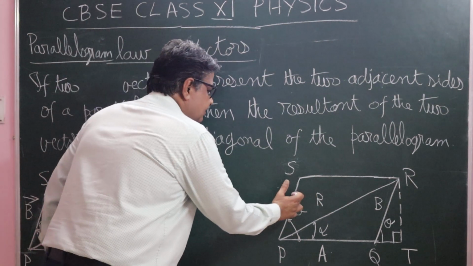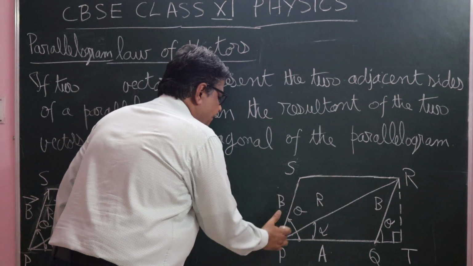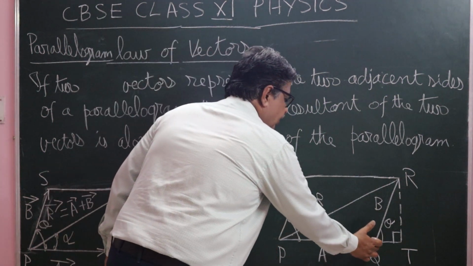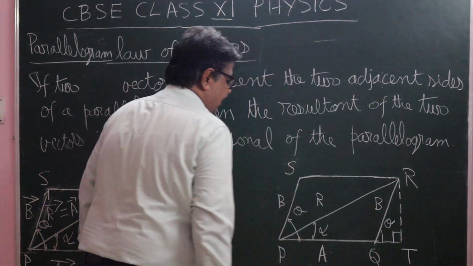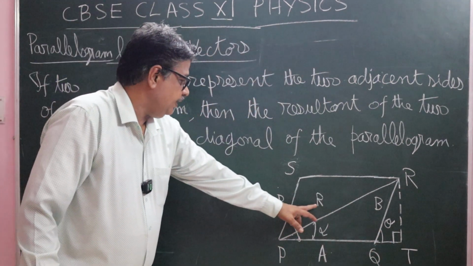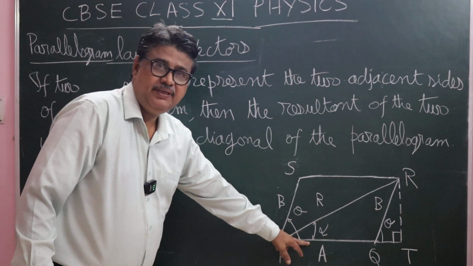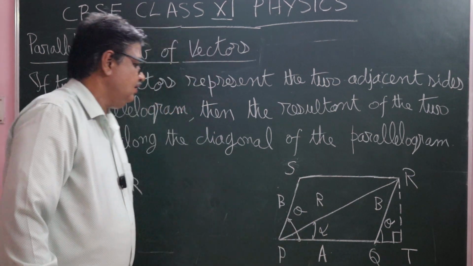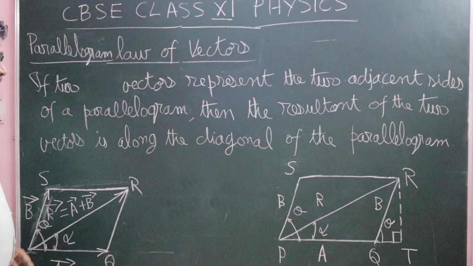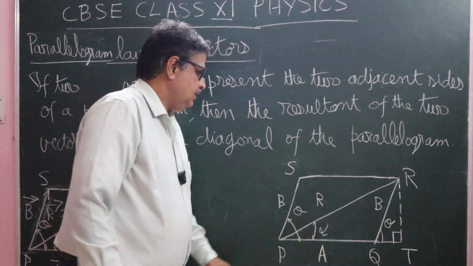Therefore, this angle here is also theta. Alpha is the angle between the resultant and vector A.